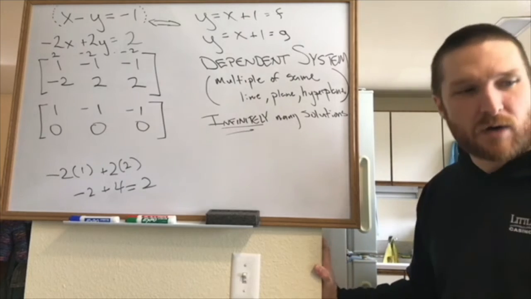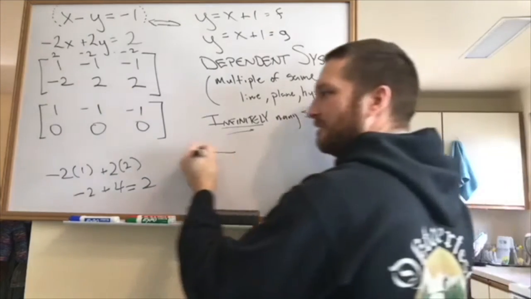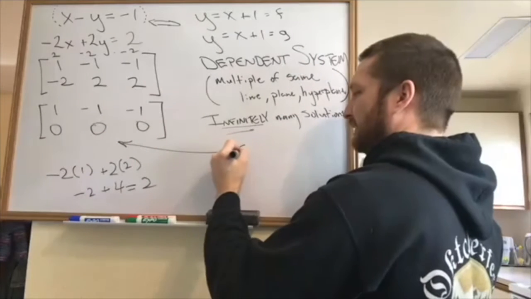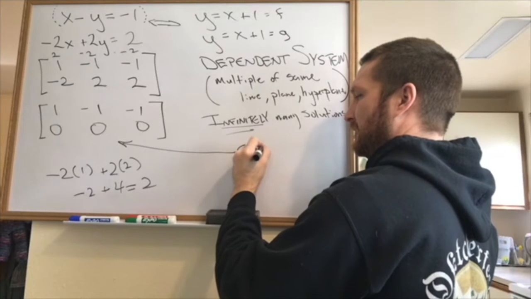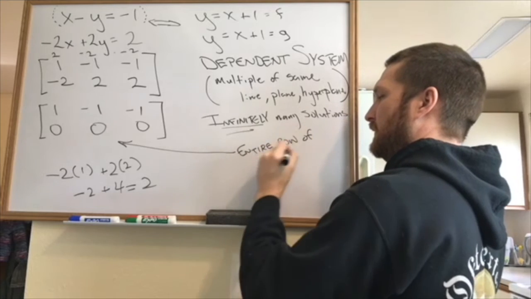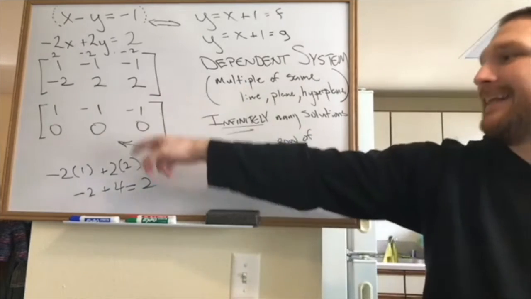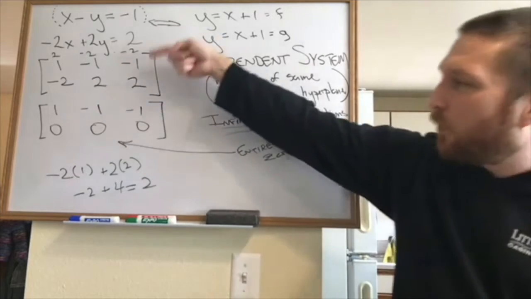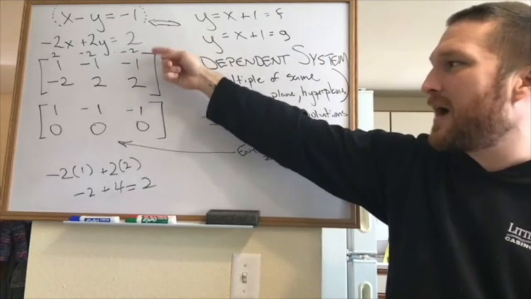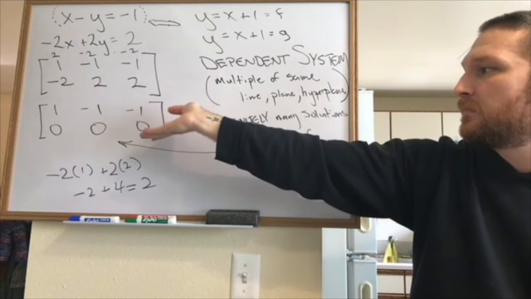And that's how you'll know. If you get an entire row of zeros, well, the only way you could get an entire row of zeros is if one of the equations that you had was simply a multiple of another equation.